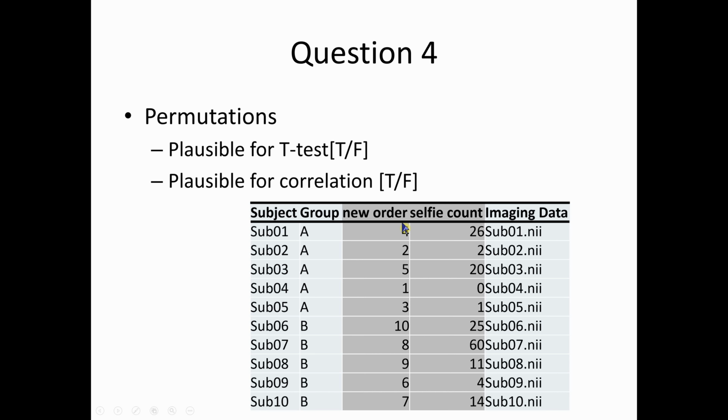So, for example, if we're talking about the group analysis, that would be subject 4 moving up to the first plot, subject 2 staying right where it is, subject 5 moving up to a third spot, etc. And if you were doing it with the correlations, that again is subject 4 going up to that first spot with the imaging data, with the selfie count staying in the same position. So I know a sort of old question, I didn't really give you full background, but this is sort of underneath the hood. Does it make sense how permutations are behaving?